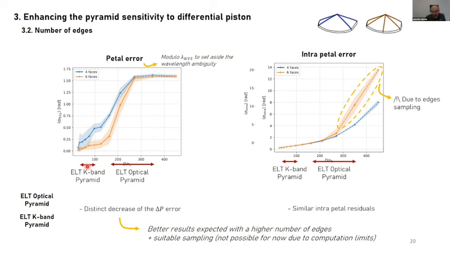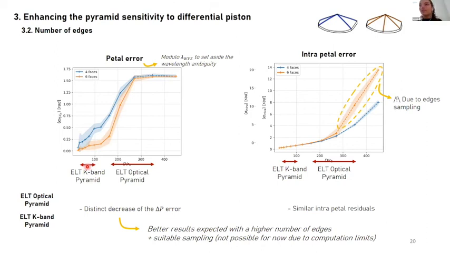One last question I may have for you is, you gave here values of D over r0, and you differentiate, interestingly, the behavior depending on this D over r0. But did you run this simulation in closed loop, so that in the end what matters is not the seeing value, but more the residual? And would you be able to say what the residual was when your flower-like pyramid works better than the circular pyramid?